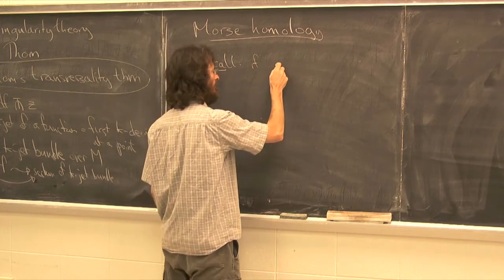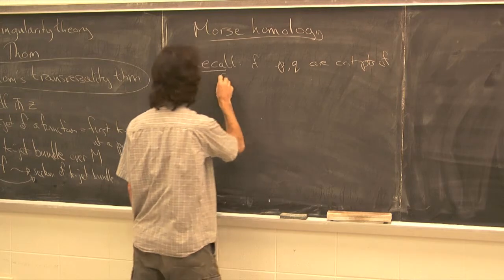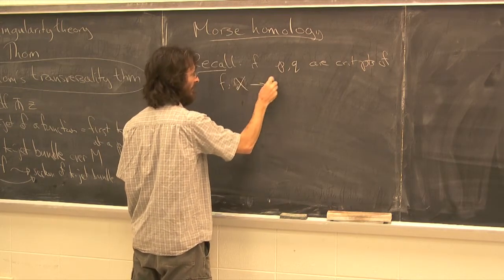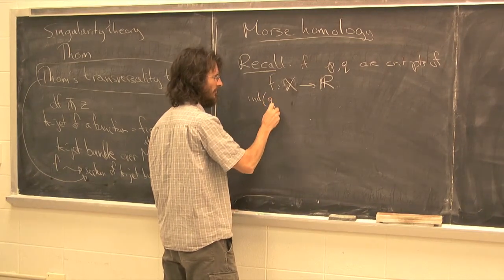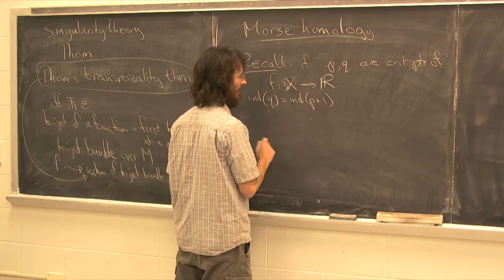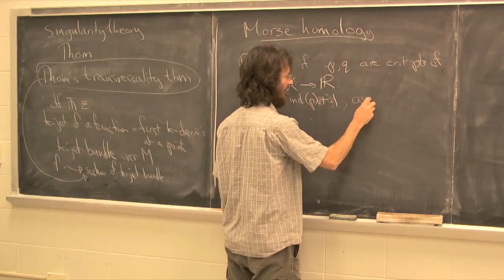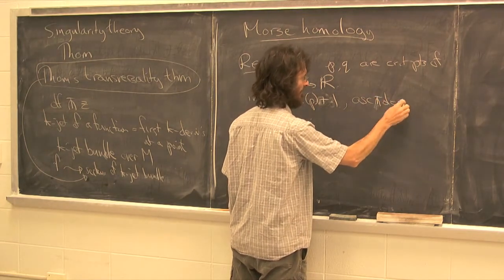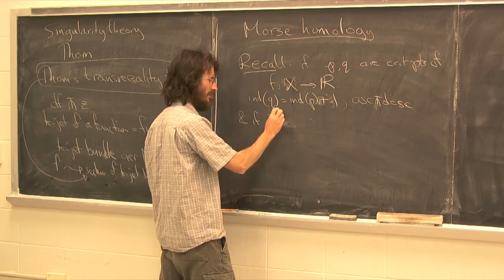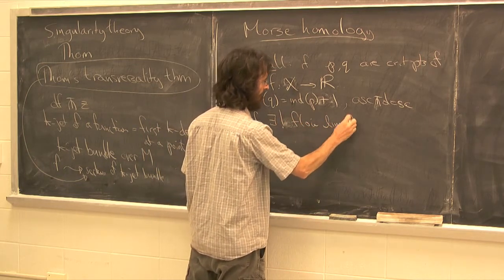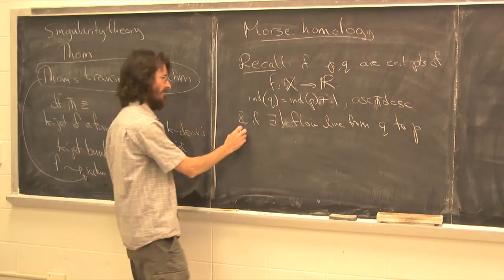if P and Q are critical points of the function f, and their indices differ by 1, index of Q is index of P plus 1, and if all ascending and descending manifolds are transverse, and if there exists a unique flow line from Q down to P, then you can cancel.